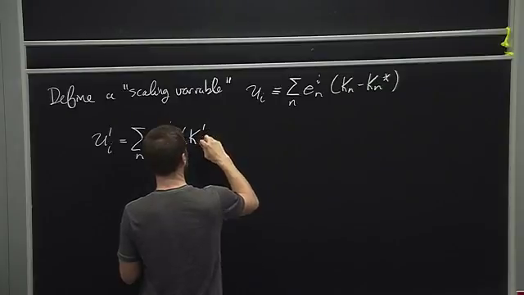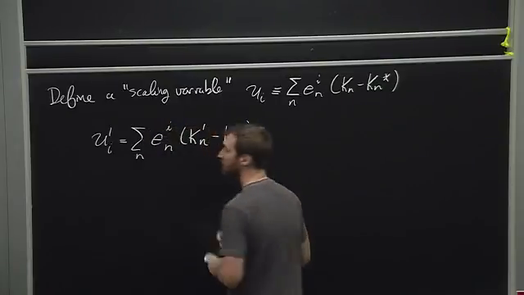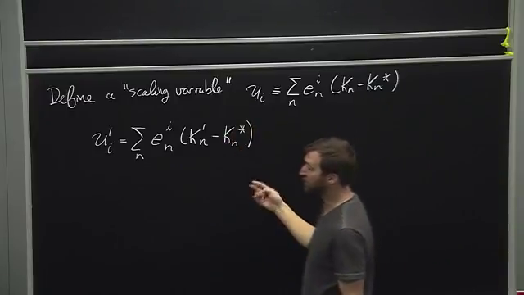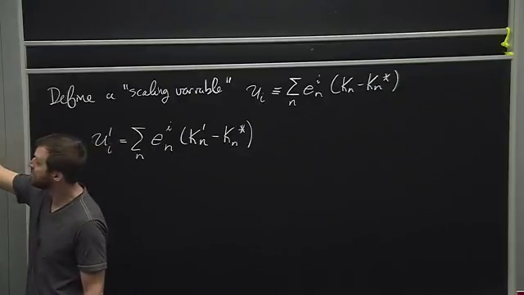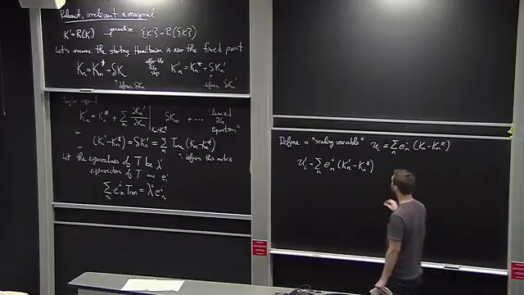It just means replacing K with K prime. Okay, just replace K with K prime. But now let me use this relationship here, which is just a linearized RG equation.